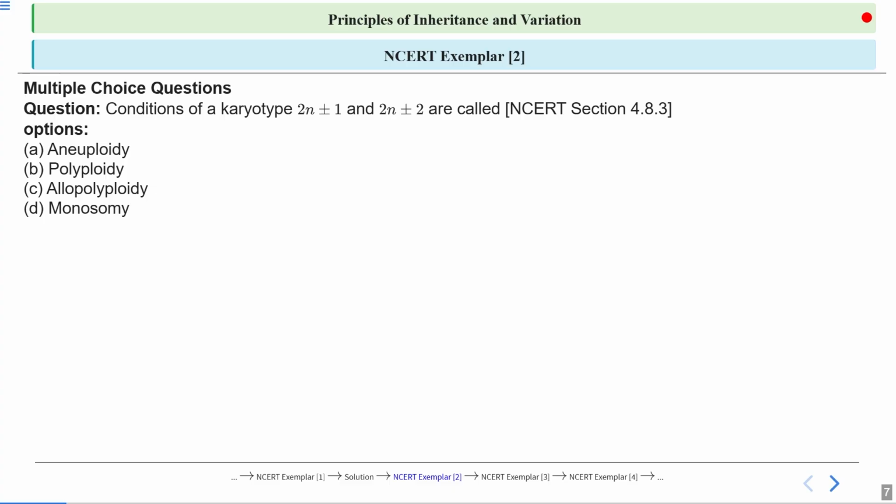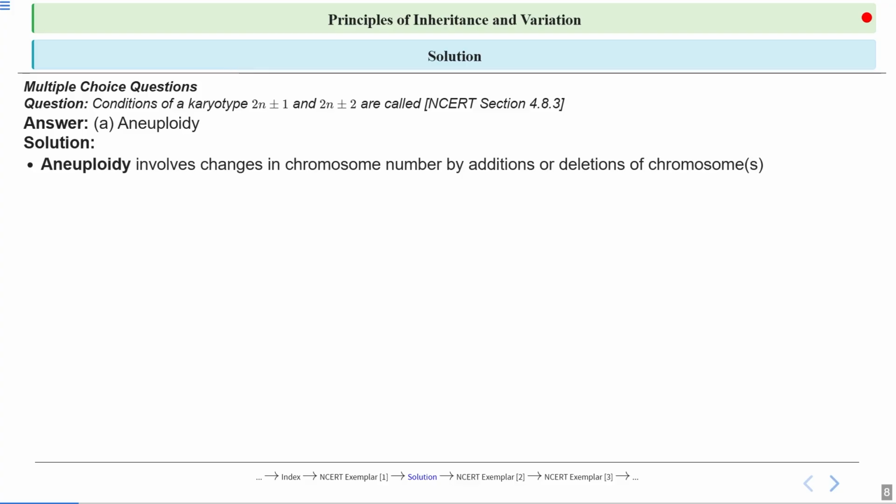So what will be the correct answer here? Let's have a look at the answer. Aneuploidy is the correct answer here.